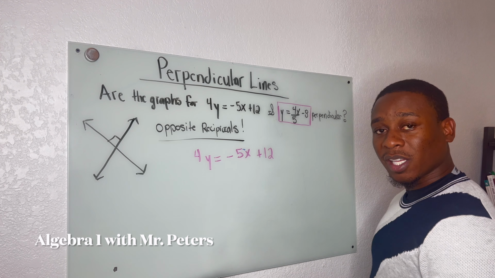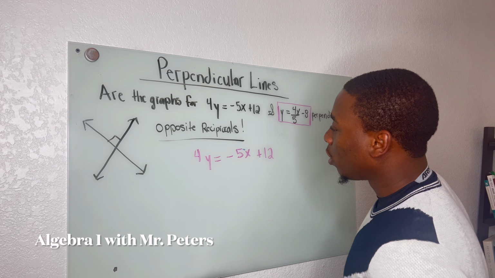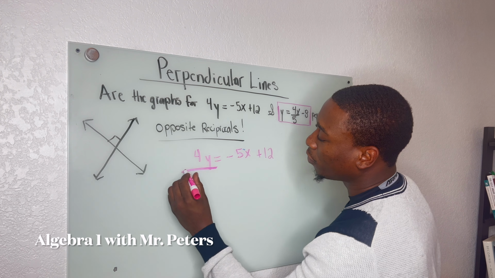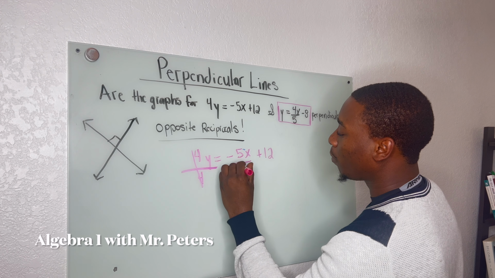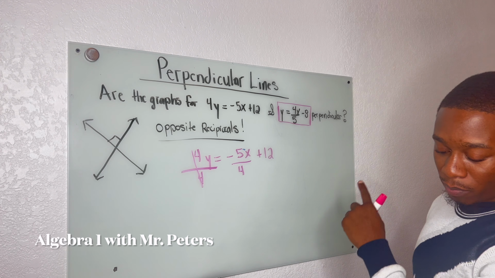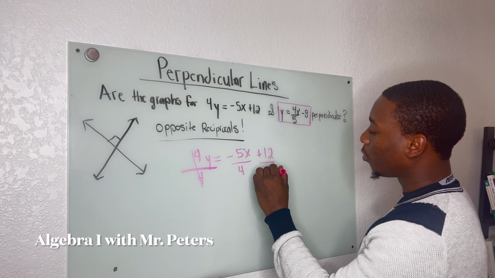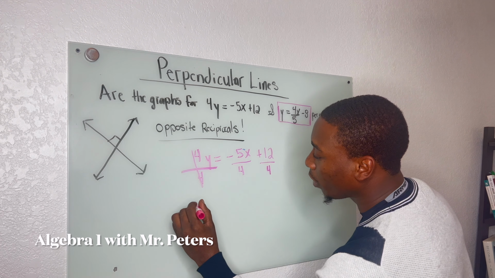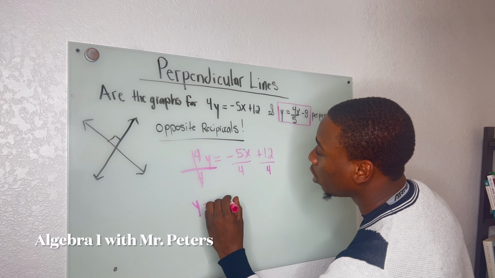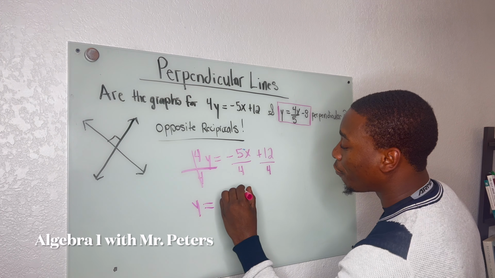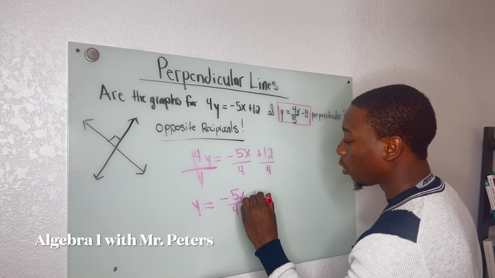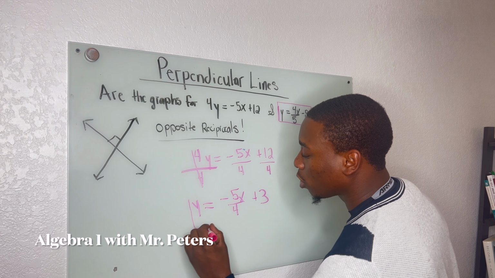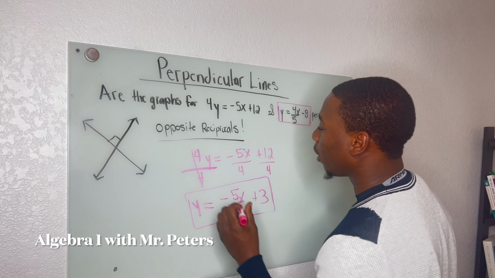Now, like I said, we want to solve for y. So to get y by itself, let's divide by 4. And then we're also going to make sure that we divide this last term by 4 as well. So I'm going to get y is equal to -5/4x plus 3.